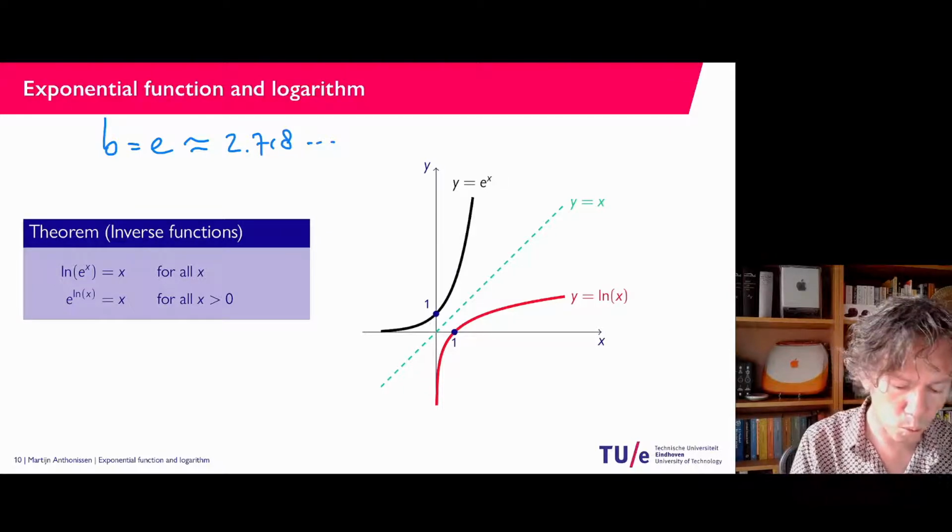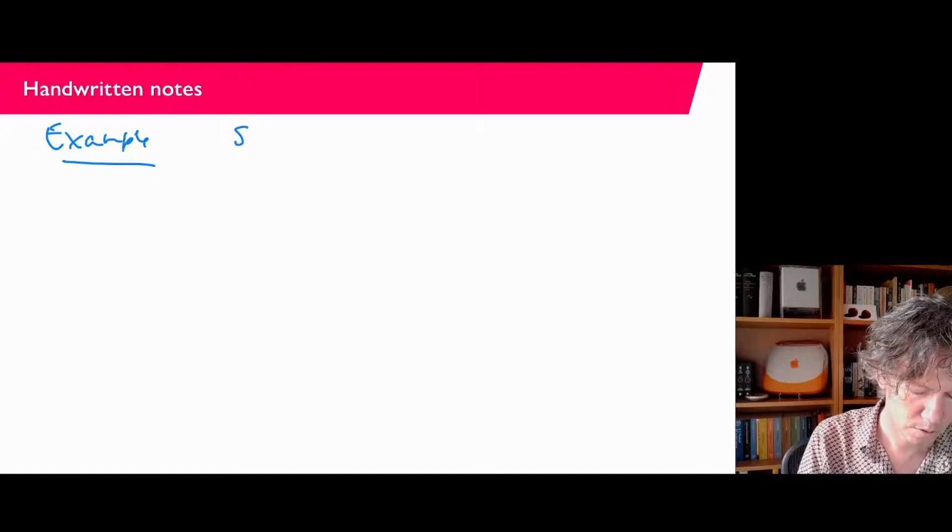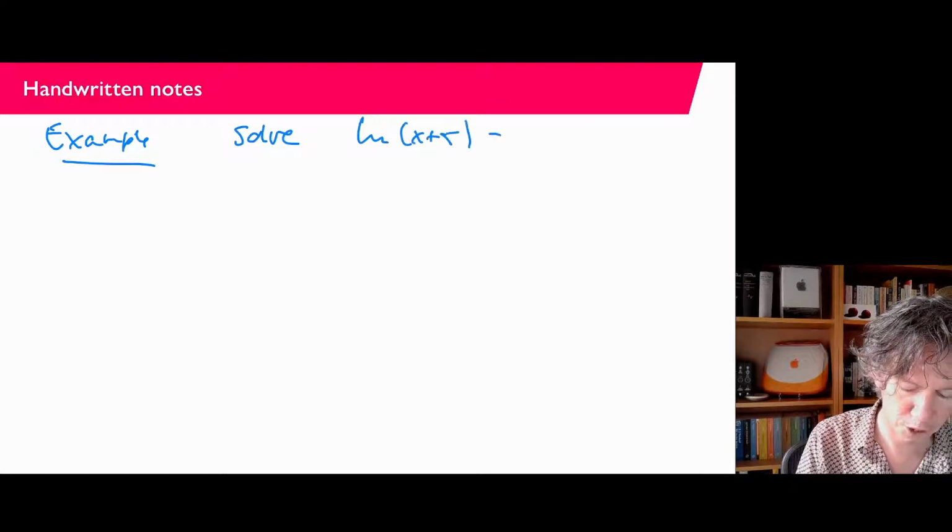We will give you some questions with logarithms, and one of the things that you could have is the following example, to solve equations with logarithms. Example: solve ln(x plus 5) equals 3.